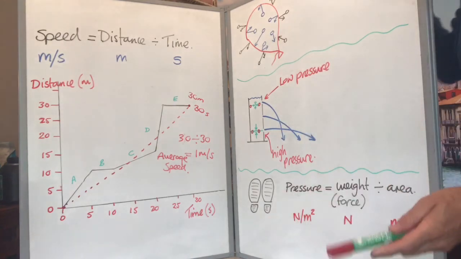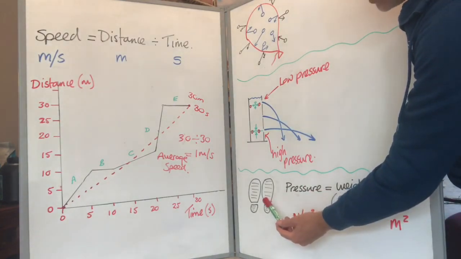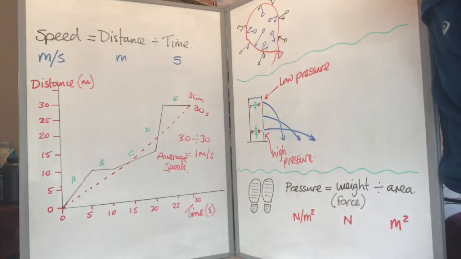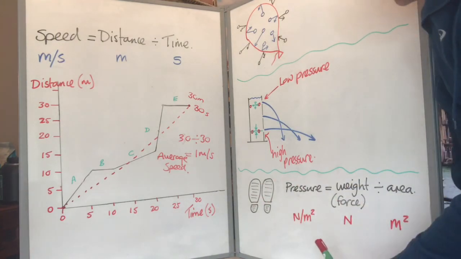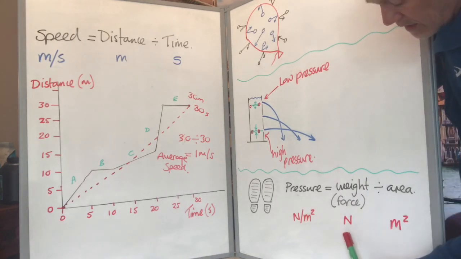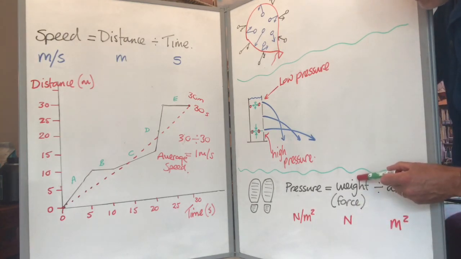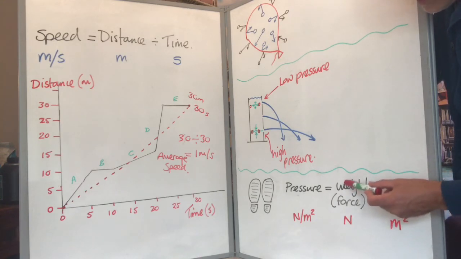And finally, the pressure we exert on solids, we measured the area of our feet, remember? And pressure is measured in newtons per meter squared. Weight is in newtons. Now weight is a force. So it might not just be a calculation of us standing on the floor and measuring the area of our feet and our weight.